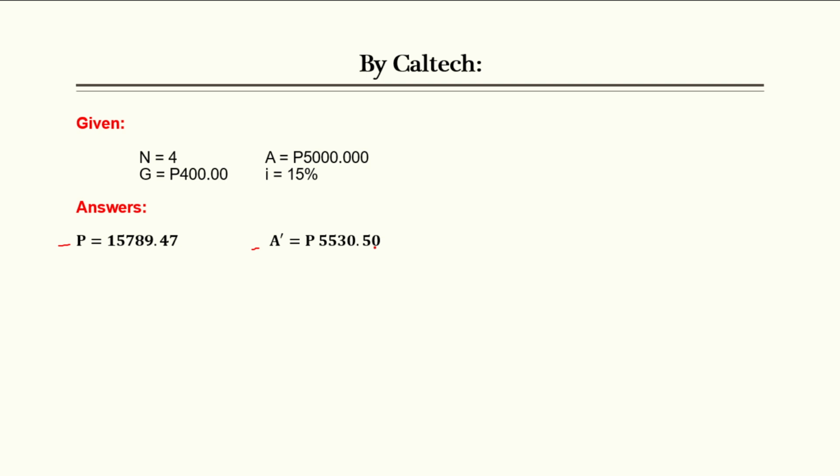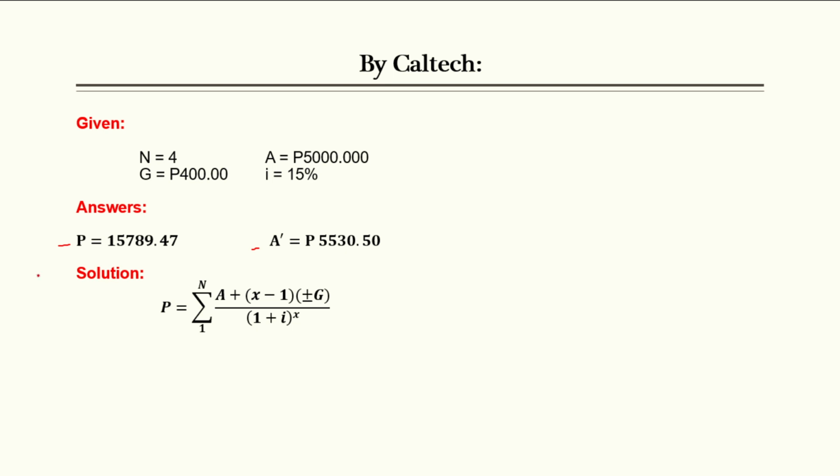So, gamitin natin yung Caltech. Tuturuan ko kayo ng Caltech dito sa arithmetic and geometric gradients. Okay? So, ito yung formula natin for Caltech. P is equal to summation of A plus x minus 1 plus minus g over 1 plus I raised to x, from 1 to n.